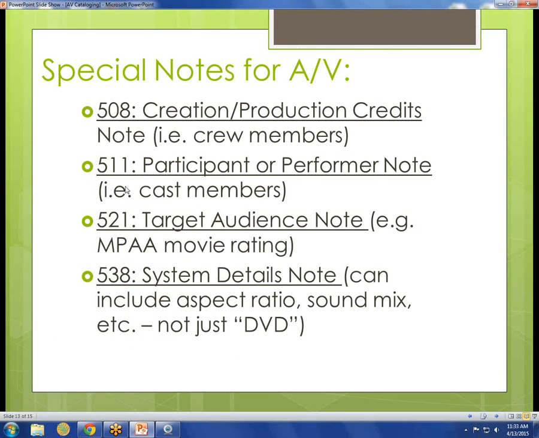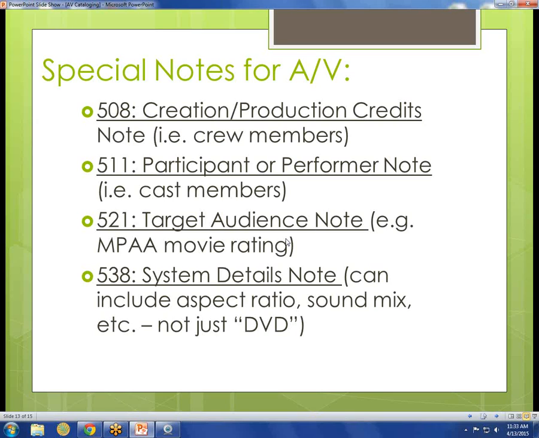Anyway, getting back to where we were, 521, target audience note. This actually gets used for several different things. You might see it used for the Lexile reading level for books. We want to encourage people to use it for movies to record the MPAA rating so patrons know, is this a G-rated movie? Is it PG-13? Is it an R-rated movie?